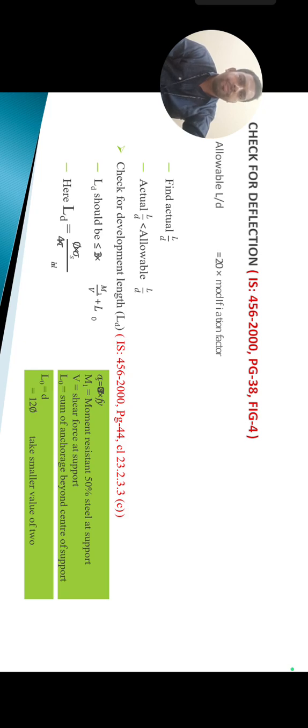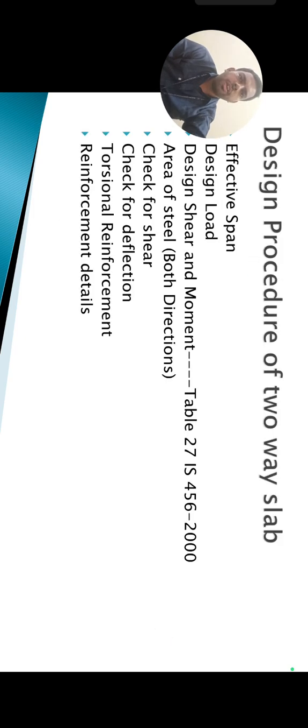Okay, and development length should be M1 by V plus L0, where L0 depends on the type of hook you have to provide at that particular location.